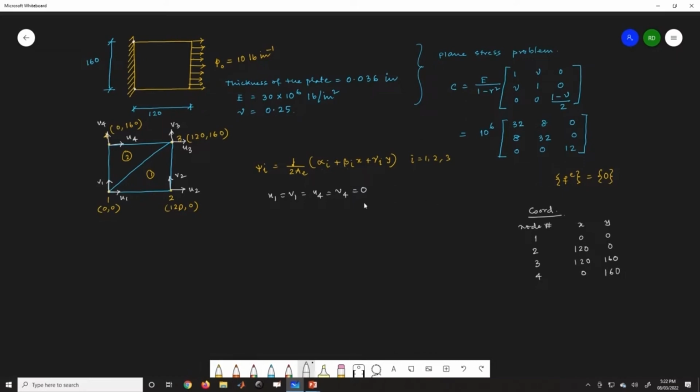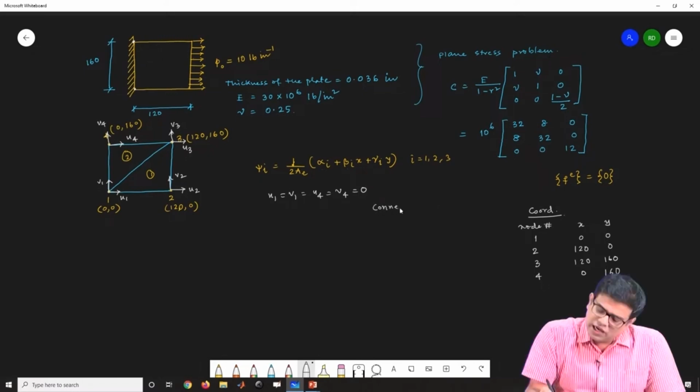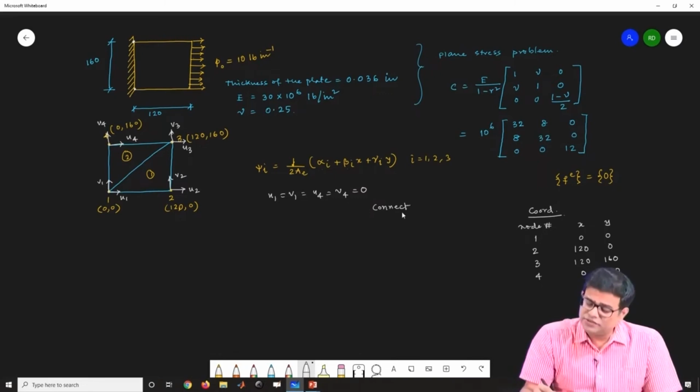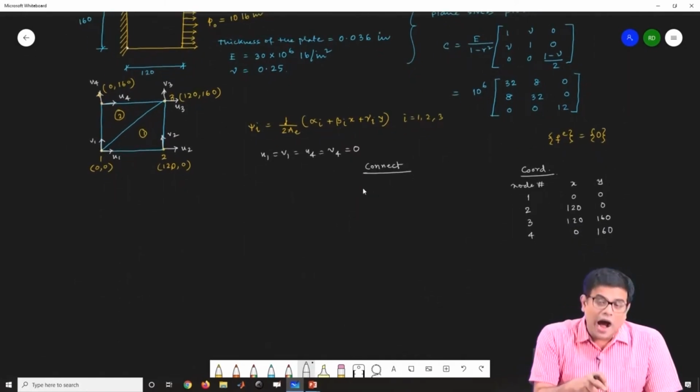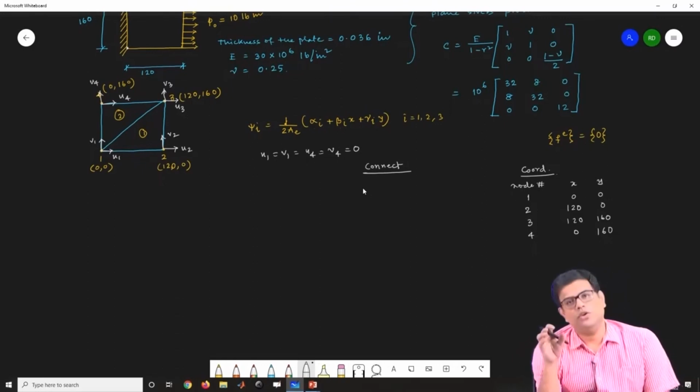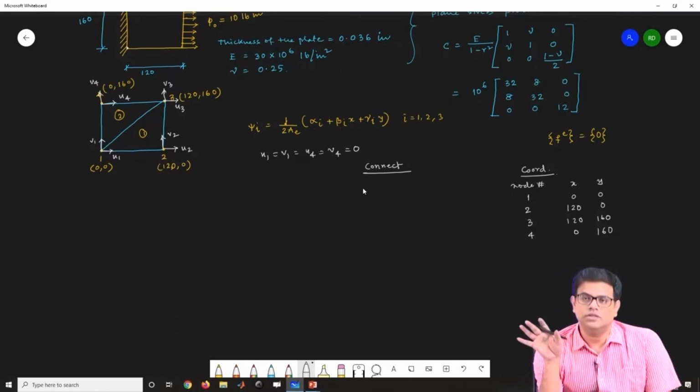Now another thing you need is the connectivity matrix. What is the connectivity matrix? It tells you how each element is connected to the others through the degrees of freedom or node numbers. We know that each node has 2 degrees of freedom.